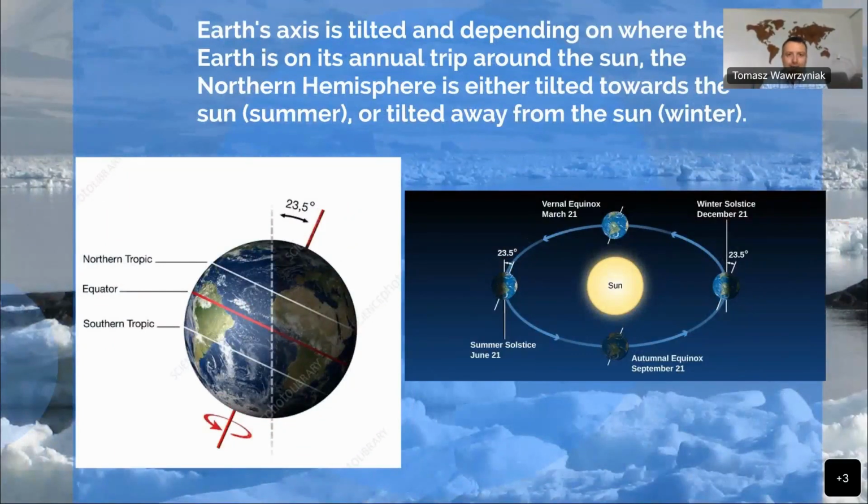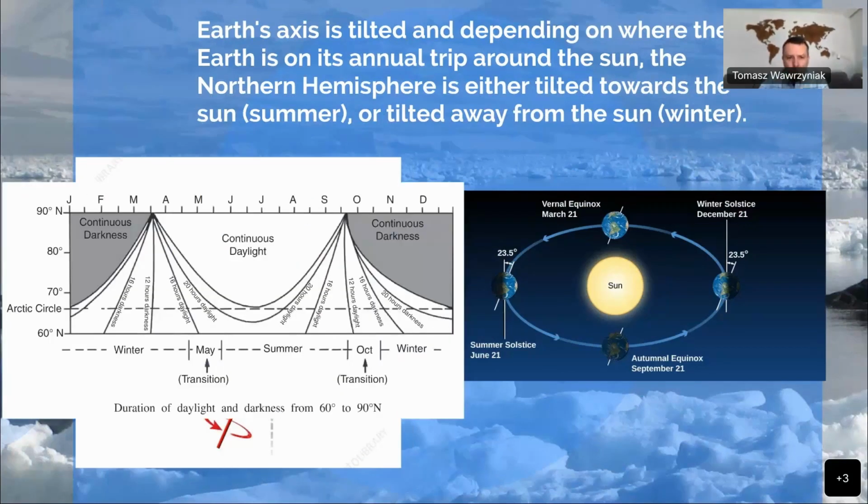Another thing is that the Earth's axis is tilted, and depending on where Earth is during the annual trip around the sun, the northern hemisphere is either tilted towards the sun during summer or tilted away from the sun, and that happens in winter. This axis influences the length of the polar night and polar day.